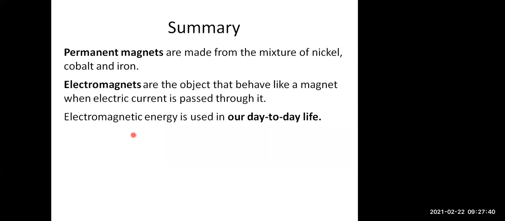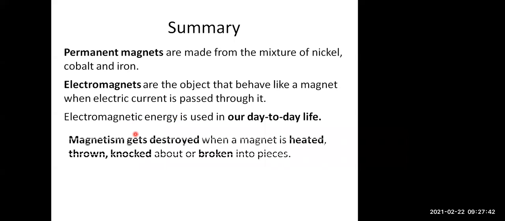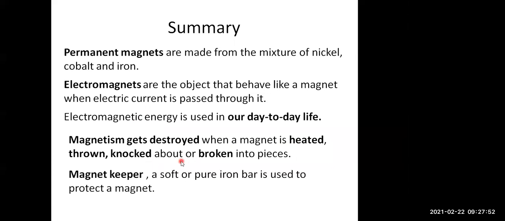Magnetism can be destroyed when the magnet is heated, thrown, knocked about or broken into pieces. A magnet keeper is a soft iron bar, and it is used to protect the magnet.